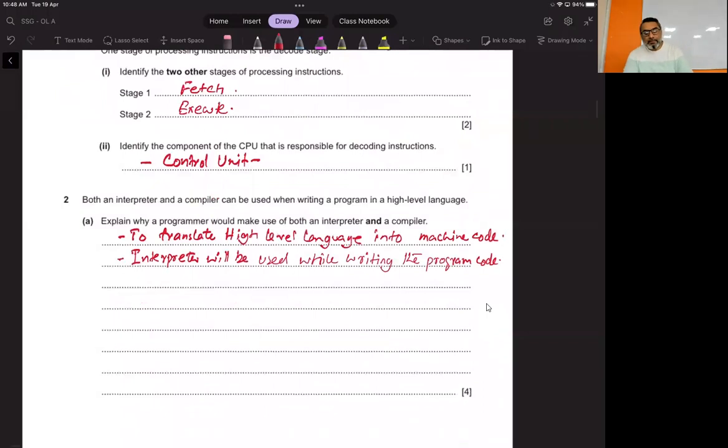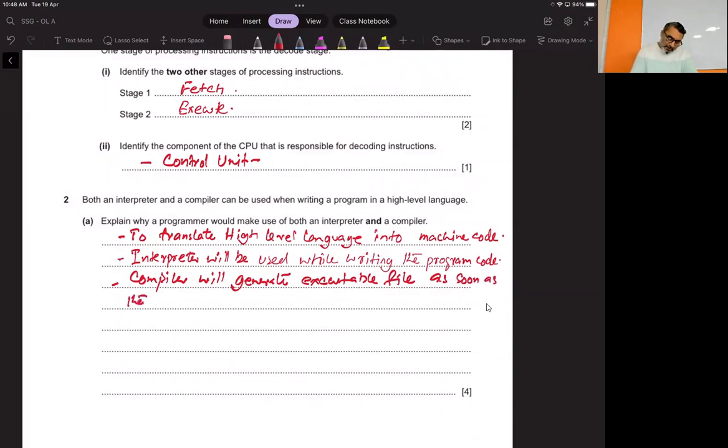Once we complete the program code, then we use the compiler to create an executable file. Compiler will generate an executable file as soon as the program is completed.